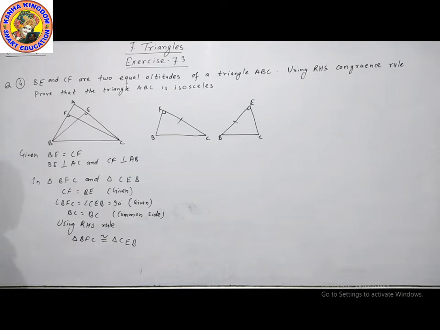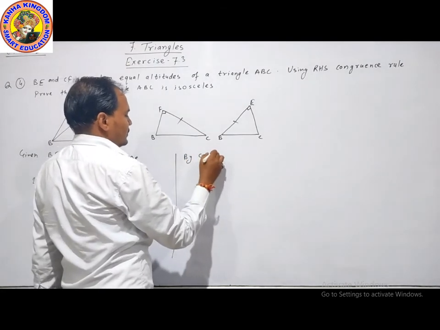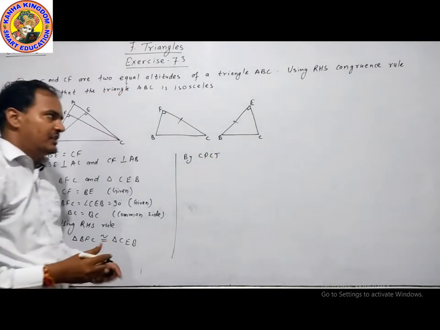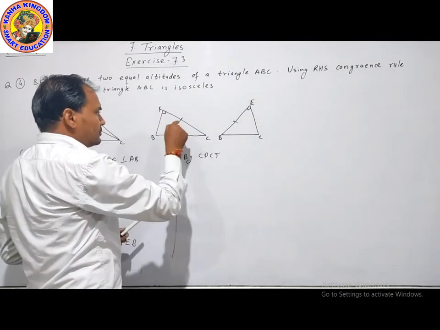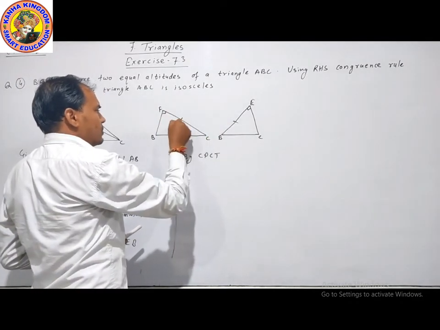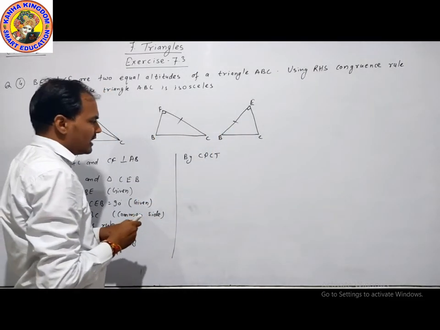These two triangles are congruent. Now take CPCT. By CPCT, this side and this side are equal, so the angle opposite to this side and the angle opposite to this side are also equal.